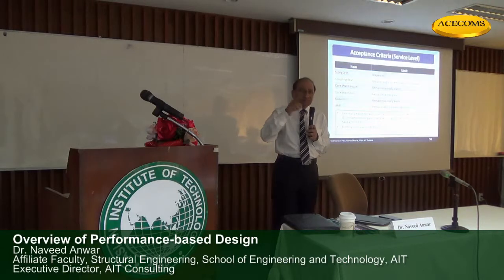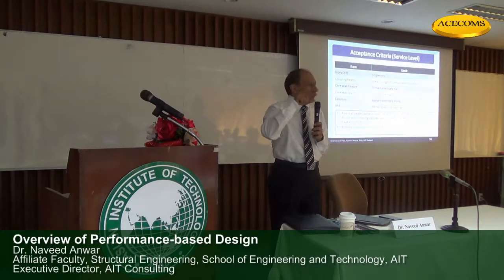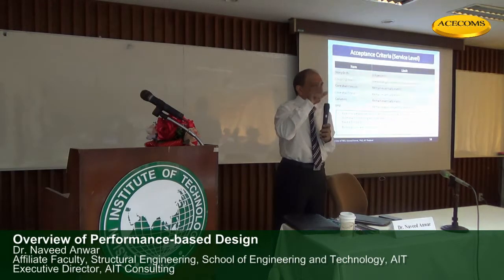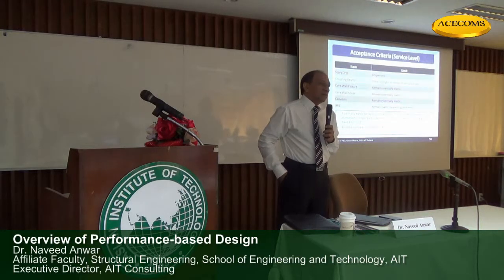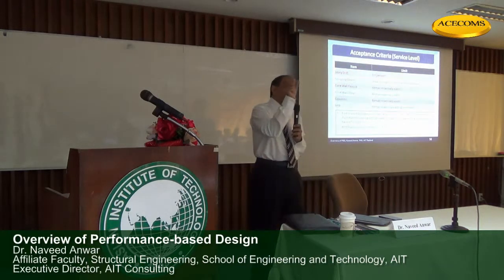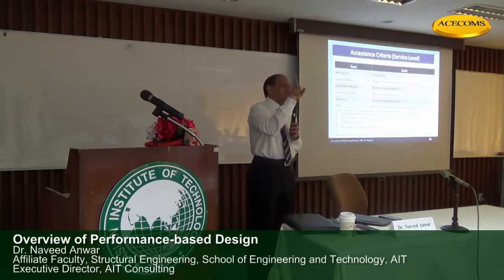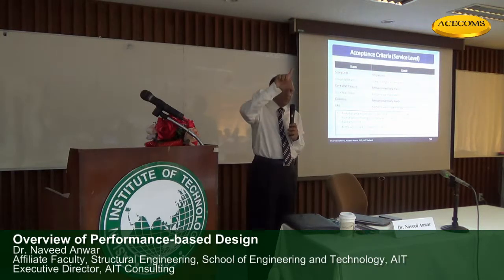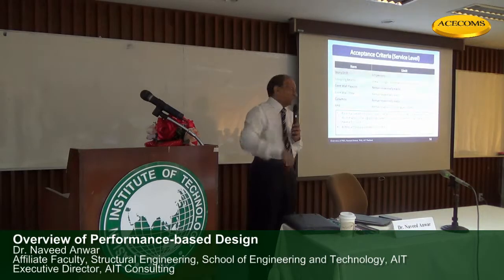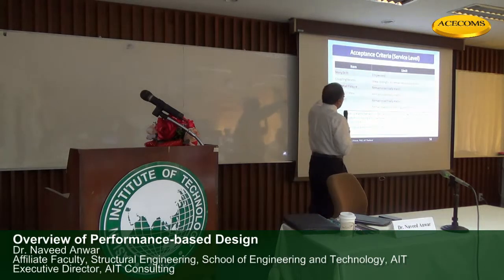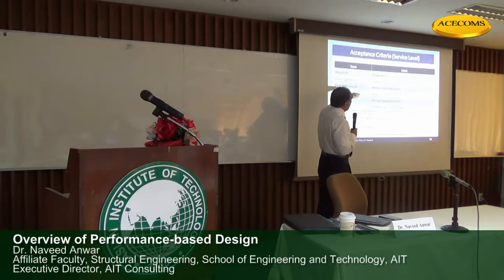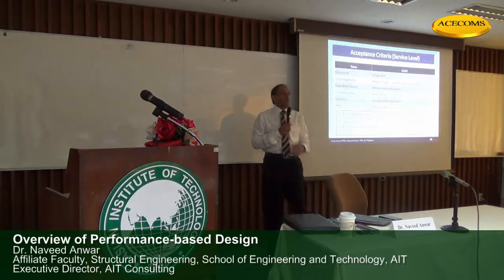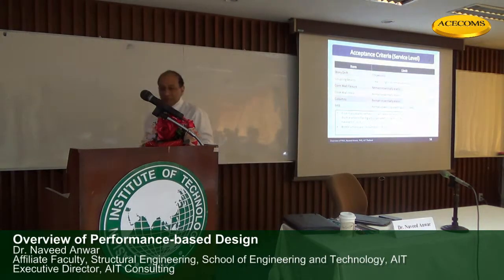So how much is that? 3,000 multiplied by 0.005, so something like 15 millimeter, right? So 15 millimeter displacement is accepted between the two floors during earthquake, from one floor to another floor. Then shear strength and core wall elastic, everything should remain elastic, and this is the service level expectation from a structure.